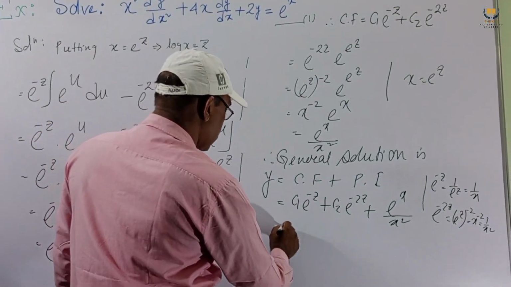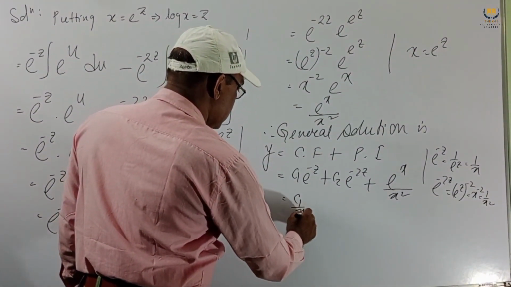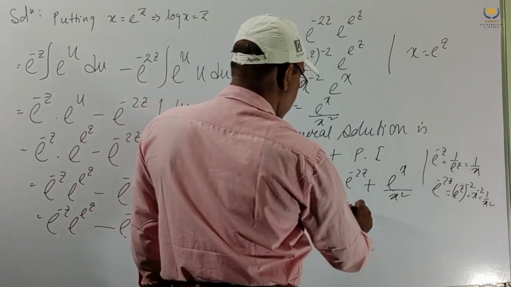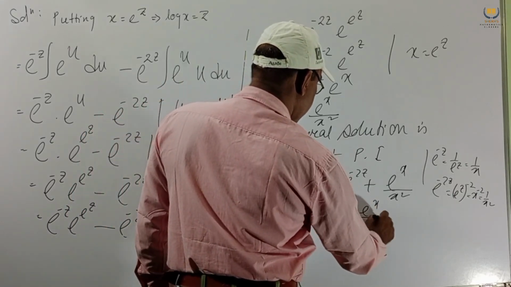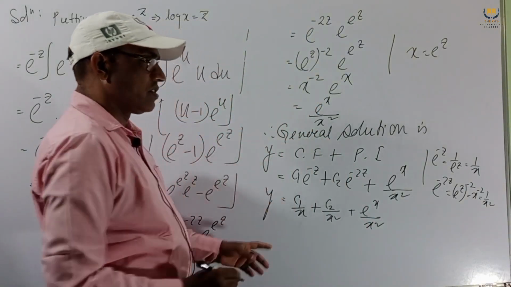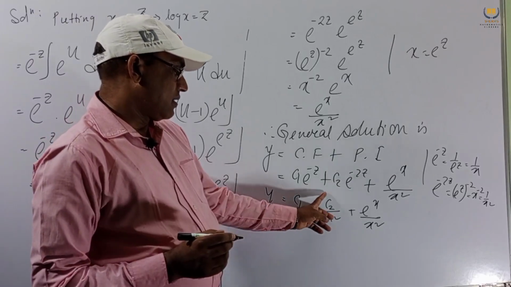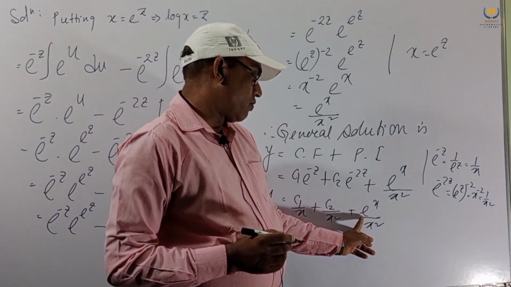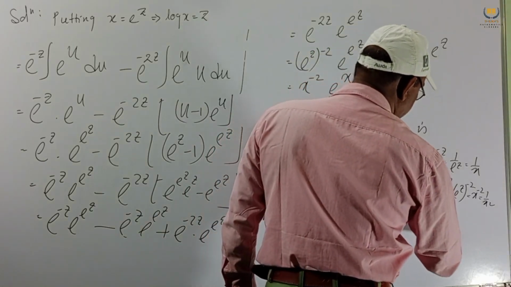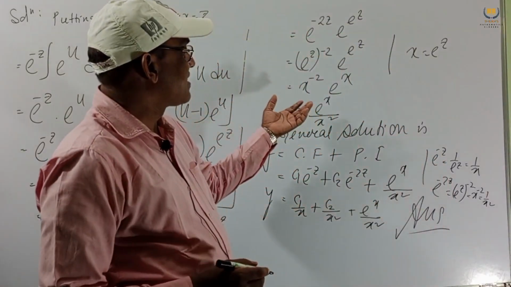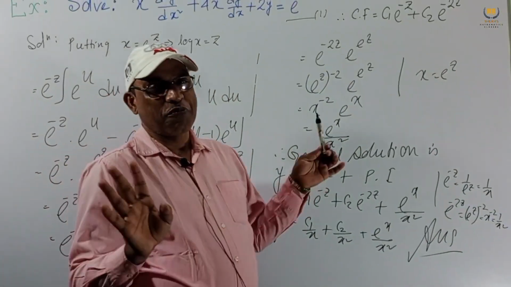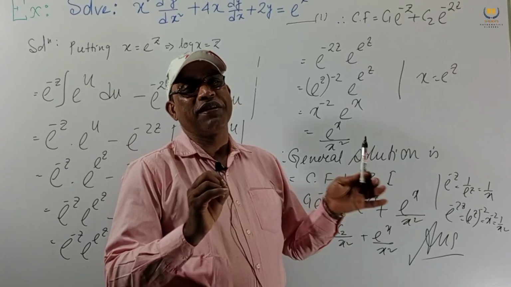So we write here C1 by x, C2 by x square plus e to the power x by x square. This is our required solution, C1 by x, C2 by x square plus e to the power x by x square. This is the final answer. So the answer is not so easy but not so difficult. Without practice very difficult, with practice very easy.